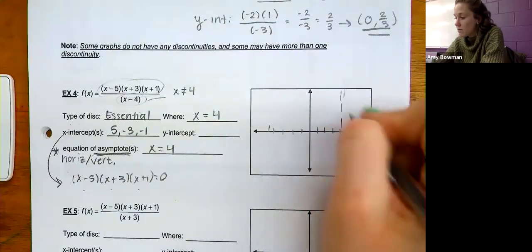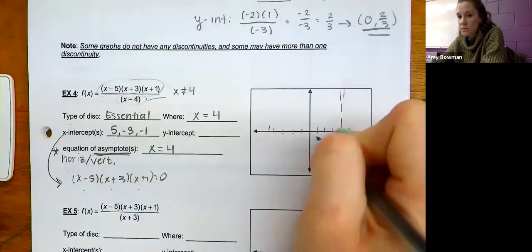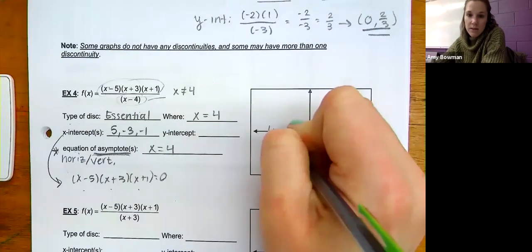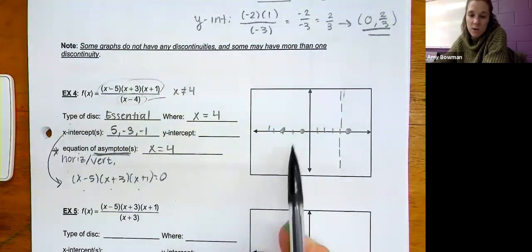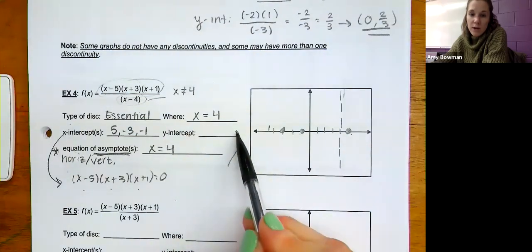A point at 5, -1, and -3. So I know my function is going to hit my x-axis there. The last thing I can find here is the y-intercept, which remember I'm plugging 0 in for x.